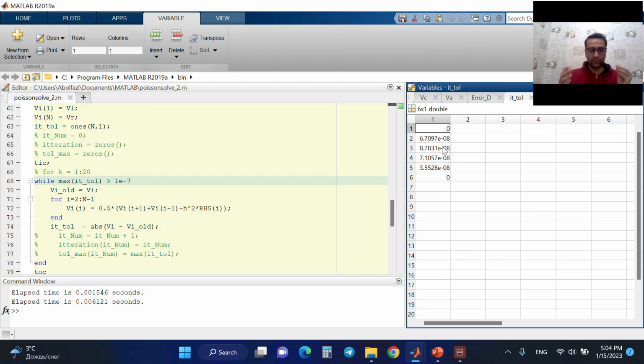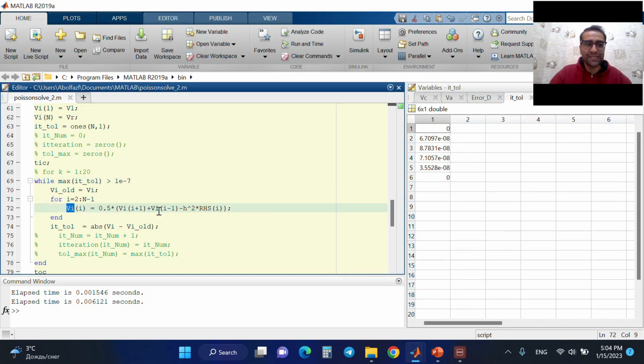What does it mean? It means that we have some v old, we have some initial guess, we assign this initial guess and calculate vi using this initial guess. And after this calculation, we update this initial guess from the previous solution at the previous iteration. You see, we give vi to the v old and we update this v old. This should lead to some convergence.